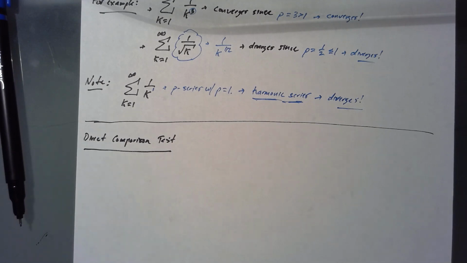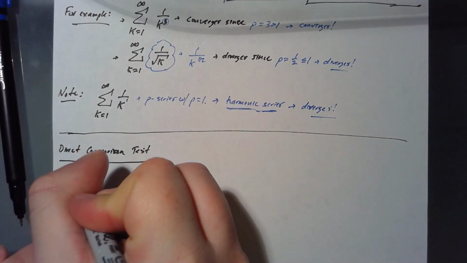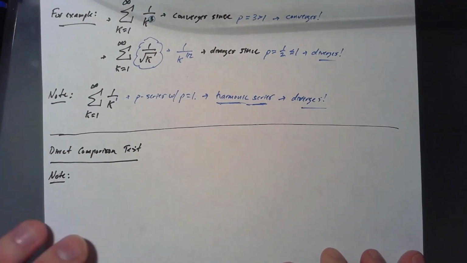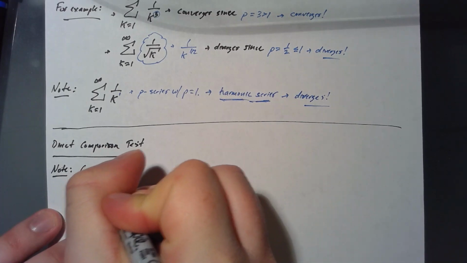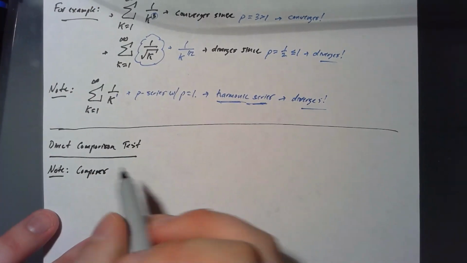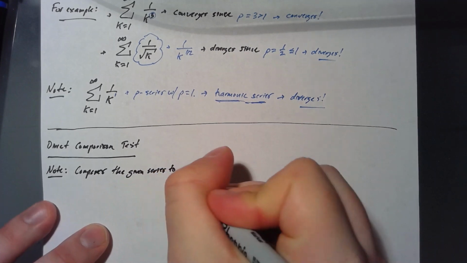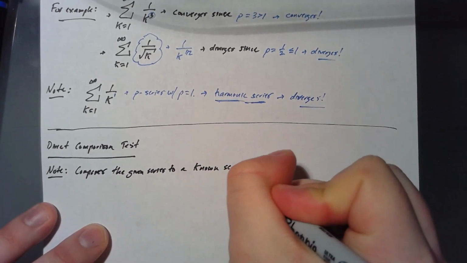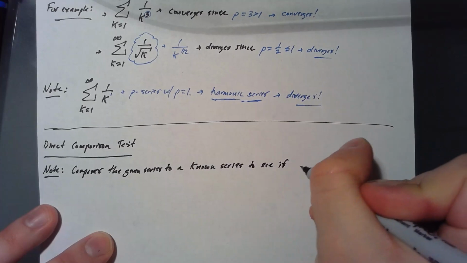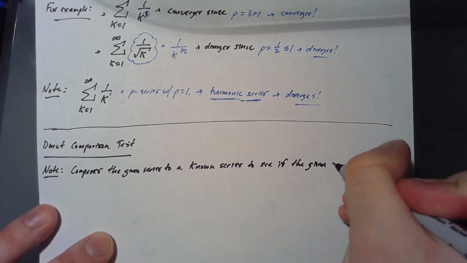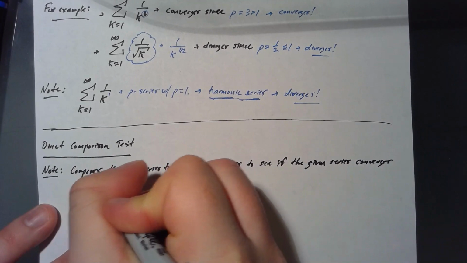Basically, what it does is it compares, so note, it compares, obviously, because comparison is in the name of the test, the given series to a known series to see if the given series converges or diverges.